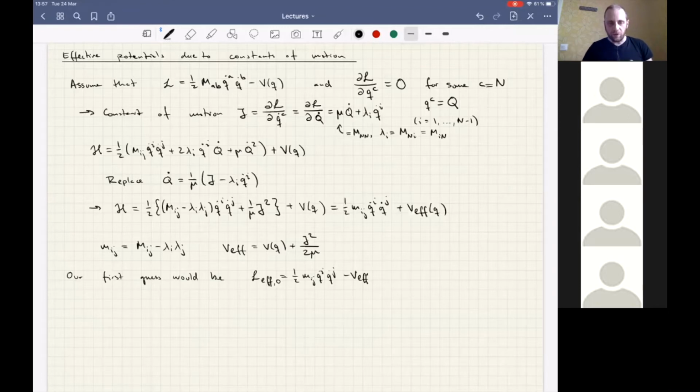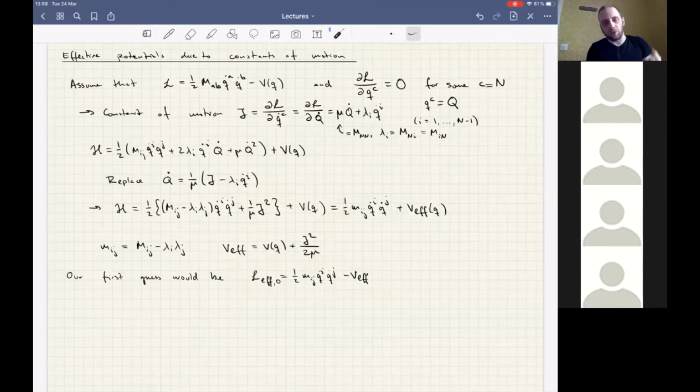So the point here is that we know that J is a constant of motion, and we know that H is a constant of motion, and that H being a constant of motion would be the case if this was the Lagrangian.